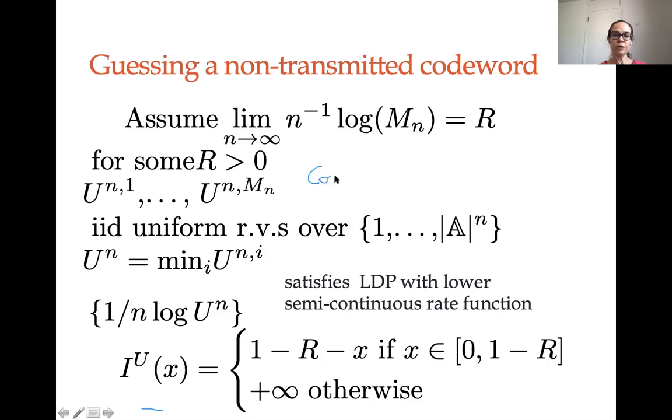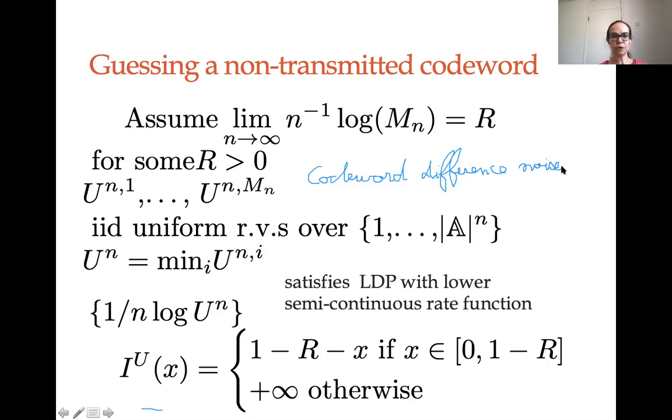Remember, these were the noises that would take us from one code word, from the received signal, to another code word. So I received a Y, and what is the noise that would take me from the Y that I received to another code word, which was not the code word that was transmitted.